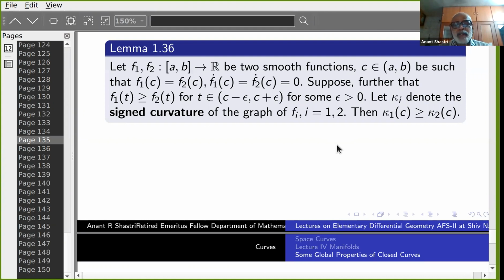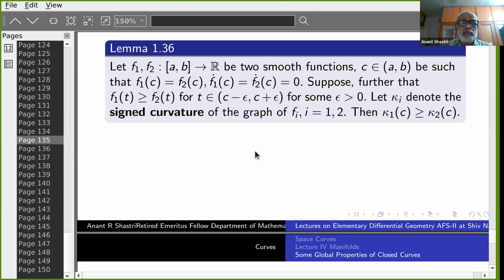So what is the conclusion? There are two curves, right? So I have to write kappa i of gamma 1, kappa i of gamma 2. So kappa i denotes the signed curvature of the graph of f i. Then kappa 1 at c is bigger than or equal to kappa 2 at c. If f1 is bigger than f2 in a small neighborhood, then kappa 1 will be bigger than kappa 2. If you draw the picture, what happens?